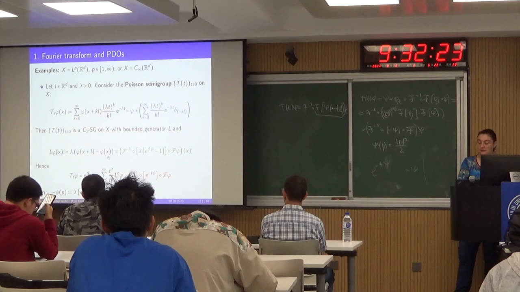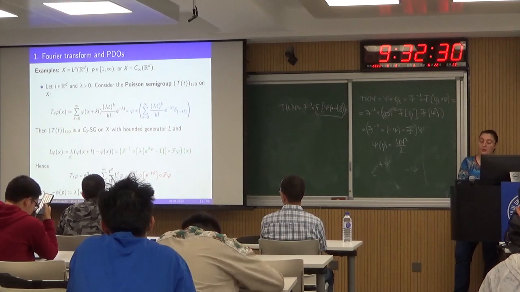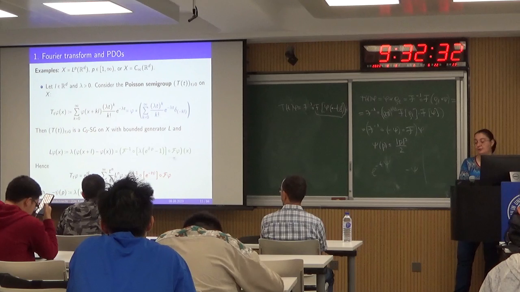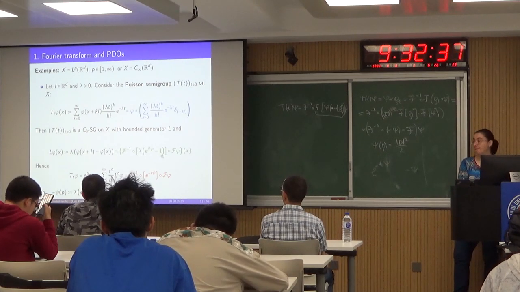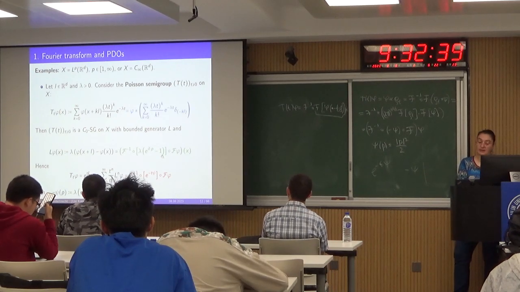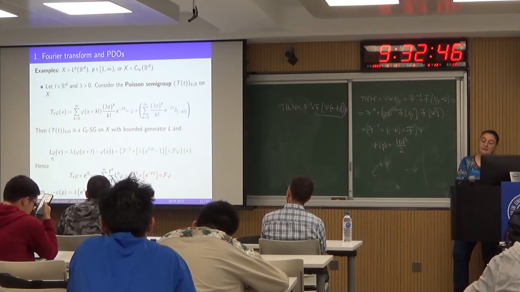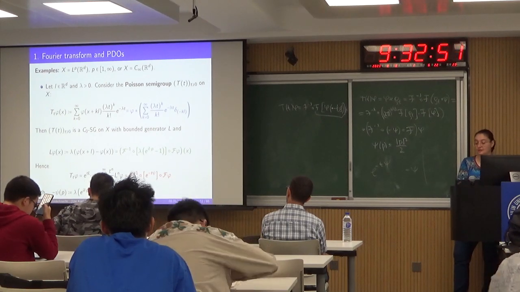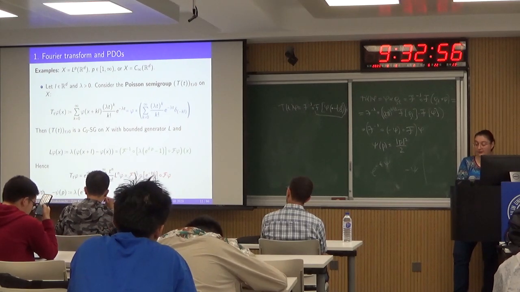It can be calculated explicitly by using the definition of the semigroup, and then using the properties of the Fourier transform. This is nothing else but a pseudo-differential operator with this nice symbol. And as we have said, this formula shows us that L is a bounded operator. And hence, the semigroup generated by this bounded operator is nothing else but just the exponential function of the operator defined by the Taylor series.